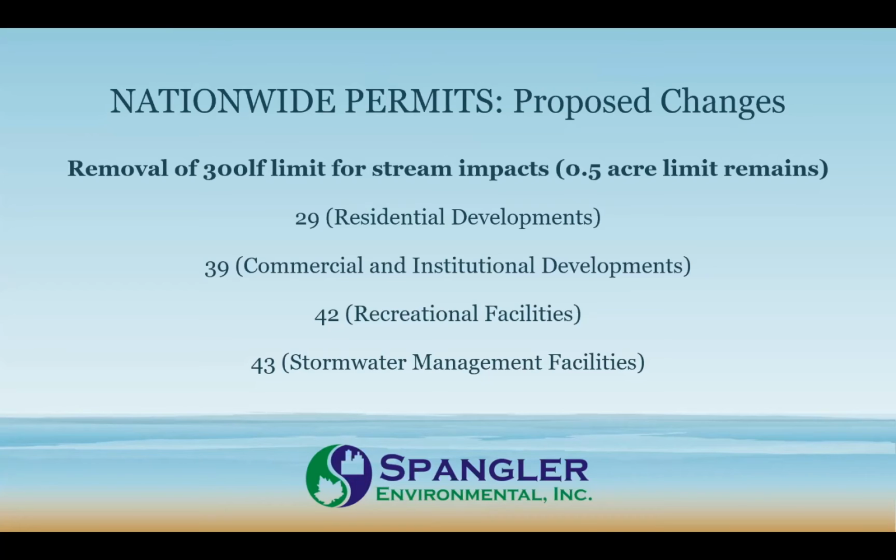This is applicable particularly, I think, to our participants in this call, to Nationwide 29, which is residential developments, and Nationwide 39, 42, and 43. I think probably the top two, 29 and 39, are the most relevant to a majority of our participants today.